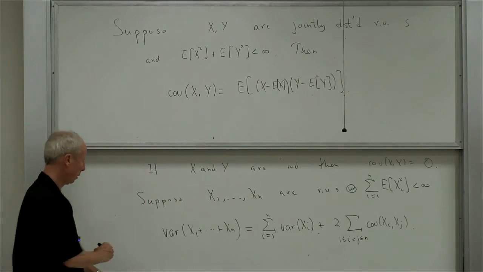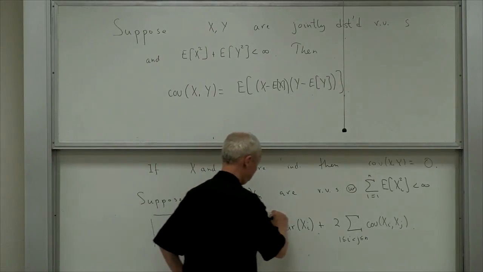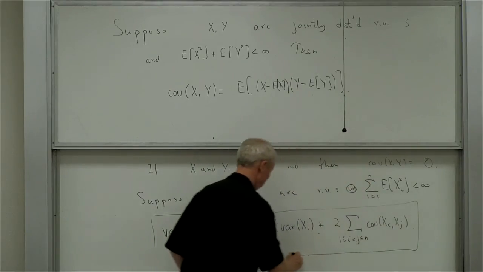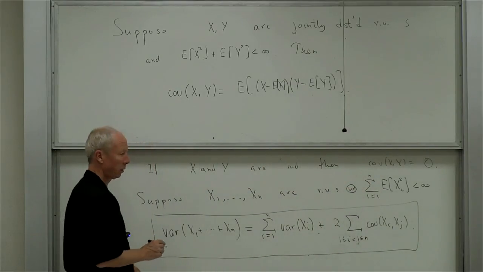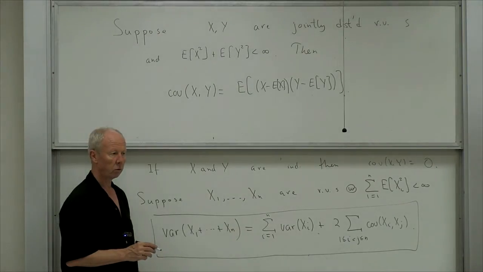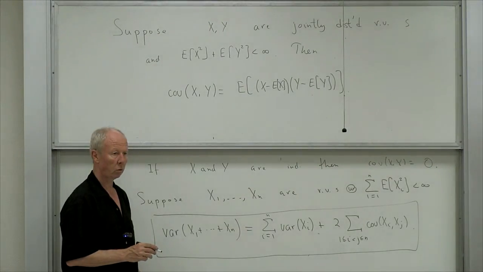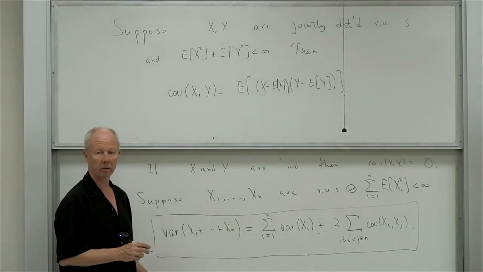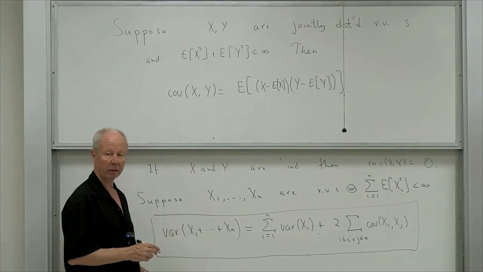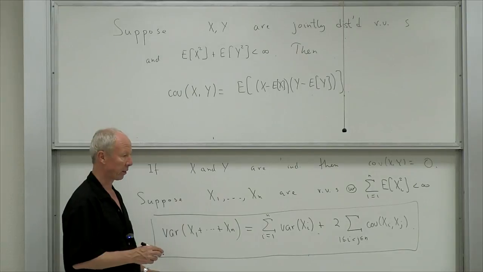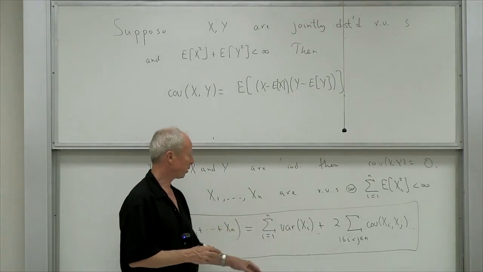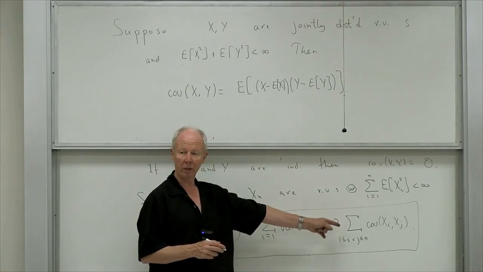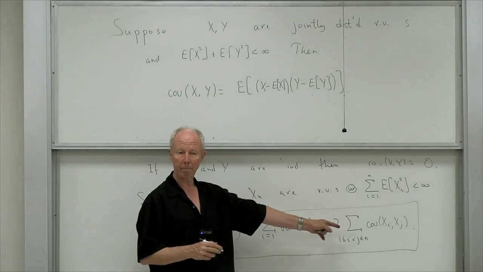Okay. What if the random variables are independent? What would the variance of the sum be? If x_1 through x_n are independent, what would happen to the right-hand side? Well, that wouldn't change this. What would that be? That would be 0.